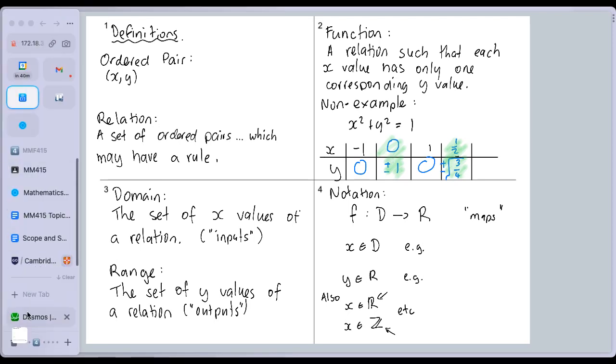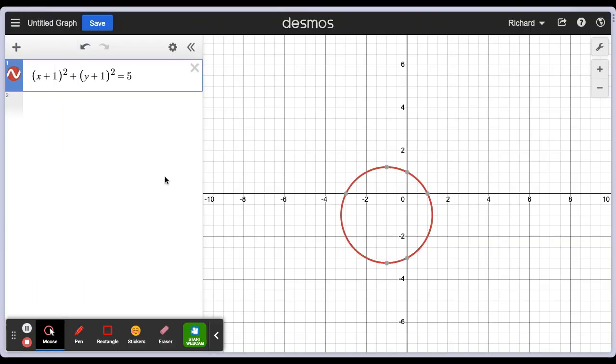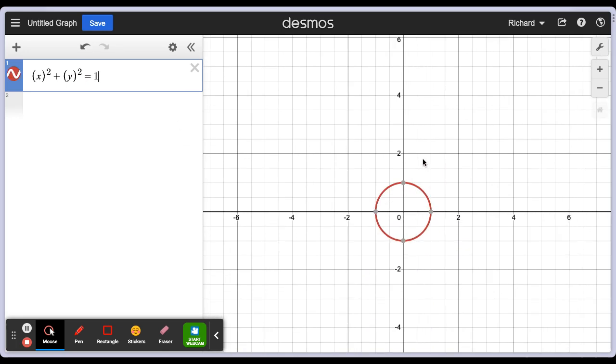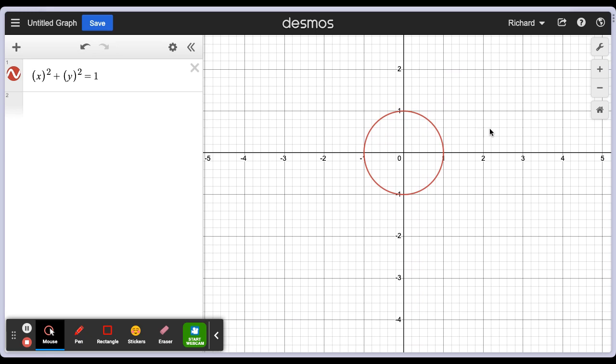If I go back to Desmos, I'll just make it x squared plus y squared equals 1. Teeny tiny circle. We can see that it's graphable. Nothing wrong with the graph.